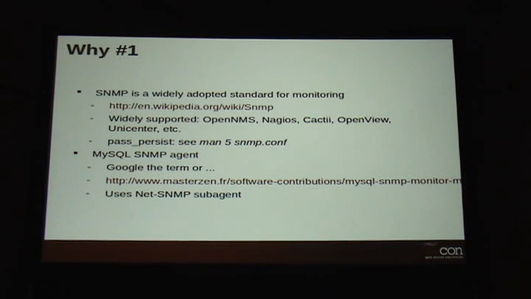The original MySQL SNMP agent, and our data gathering code is actually derived from it, is at that URL. The URL doesn't render, but when I publish, when you see the presentation online, the URL is live. And it uses the NetSNMP sub-agent, as I said before, which is broken in CentOS 5, which is one of the most widely used platforms out there.